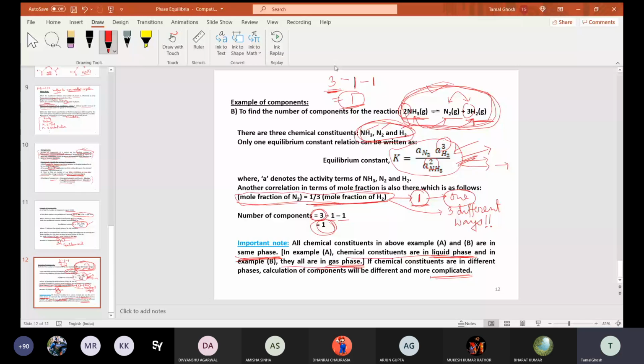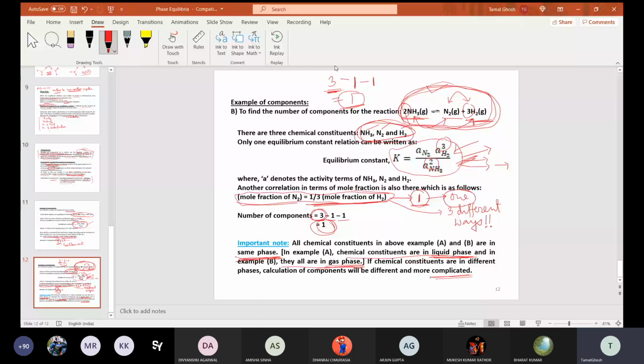There are many examples where these chemical constituents appear in different phases, with n number of equations, and if you consider them, you will see that this calculation will be a little bit complicated. Some other considerations will also come in the phase concept, finding the number of phases, whatever we have discussed.